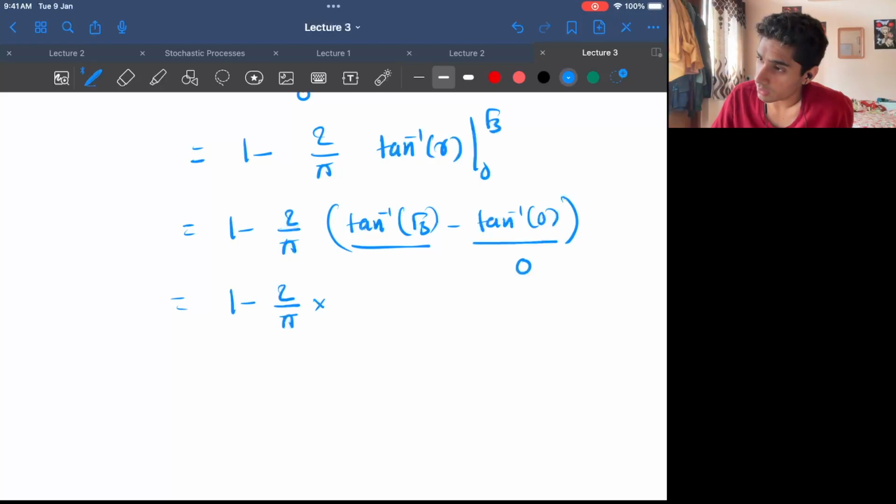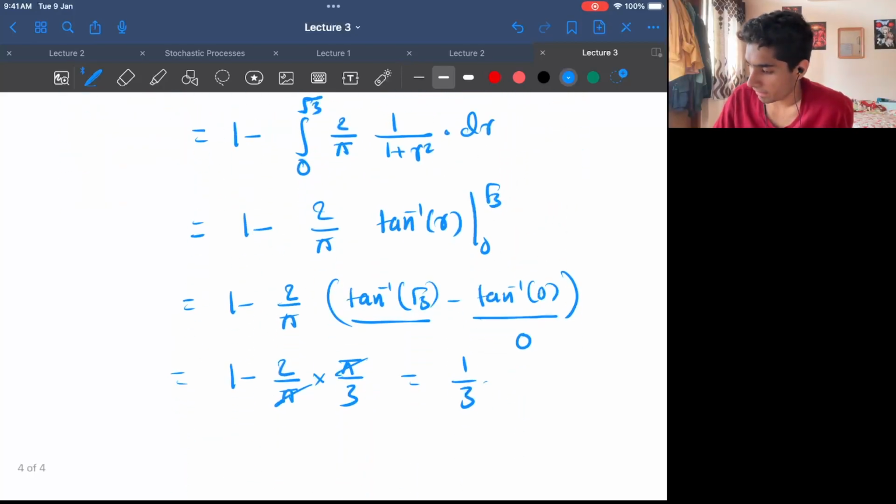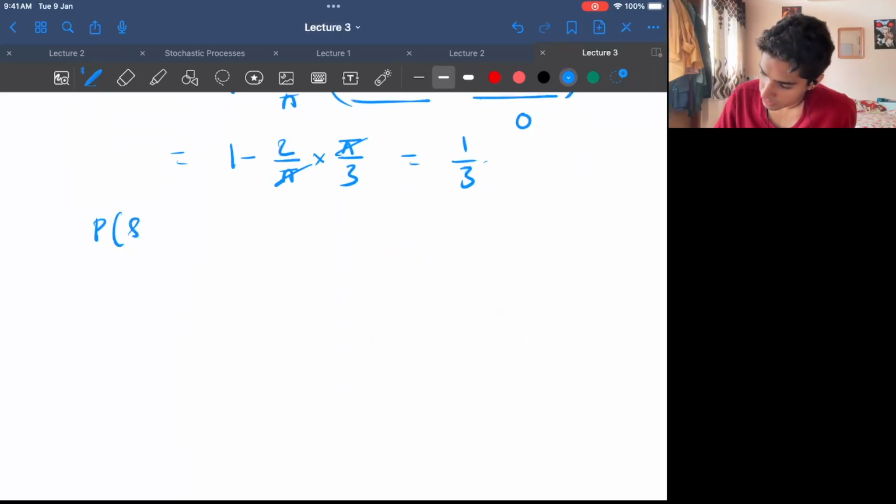Let me think, when does tan theta equal root 3? Yeah, I think pi by 3. So at 60 degrees tan theta is root 3, so tan inverse root 3 will be pi by 3, which is 60 degrees. Pi gets cancelled. 1 minus 2 by 3 is 1 by 3. So P of S equal to 0 is equal to 1 by 3.